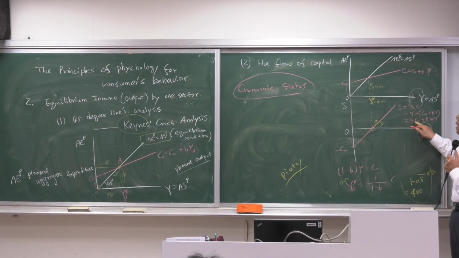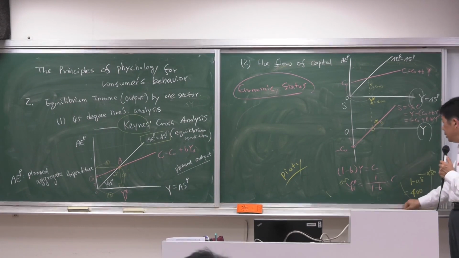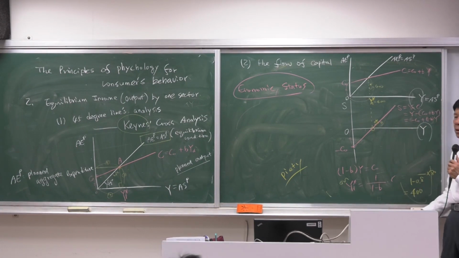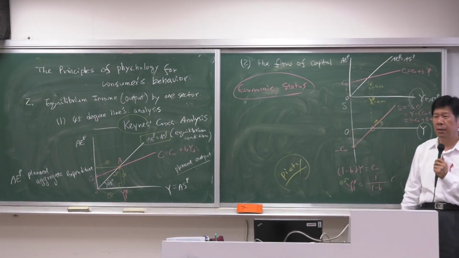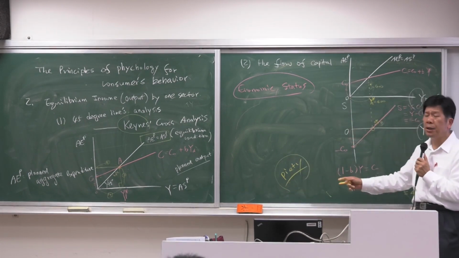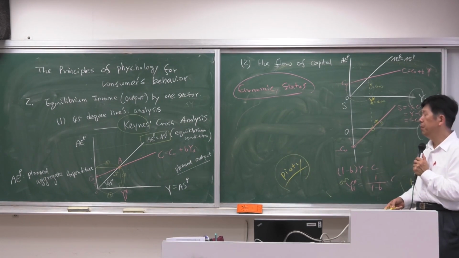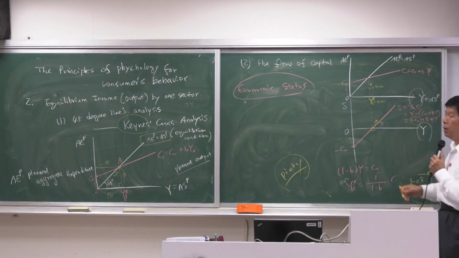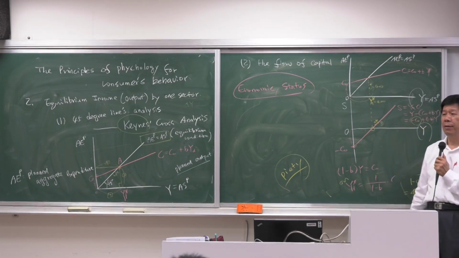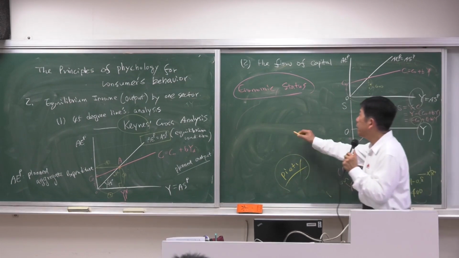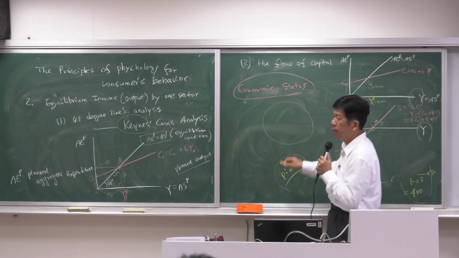Savings is negative consumption. So I strongly suggest you try to know the hierarchy, the idea or philosophy. Okay? Because one day you will become the parent again. So our whole life is actually like a circle.